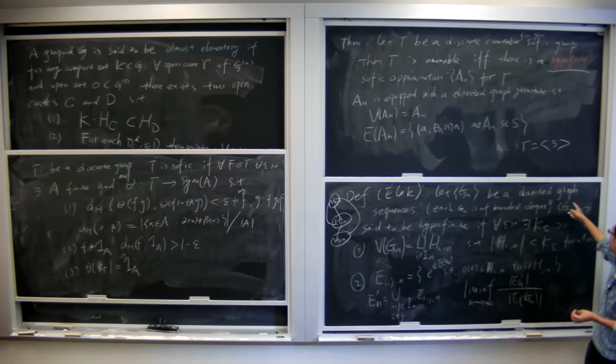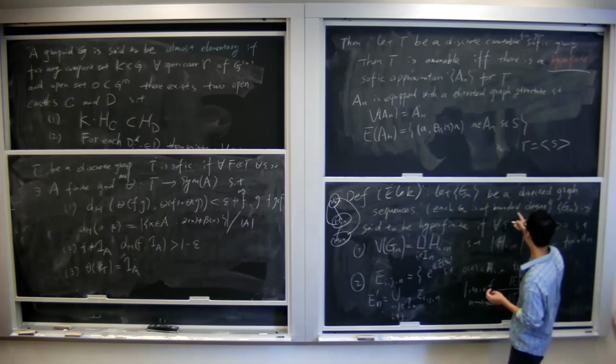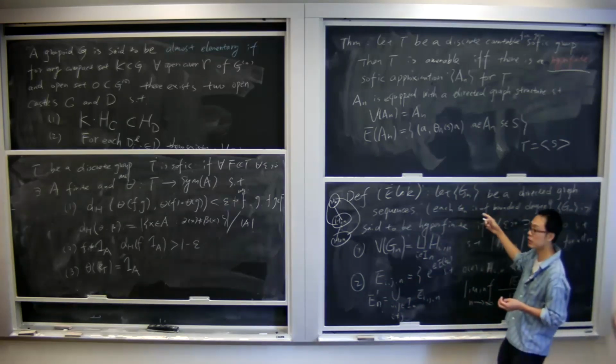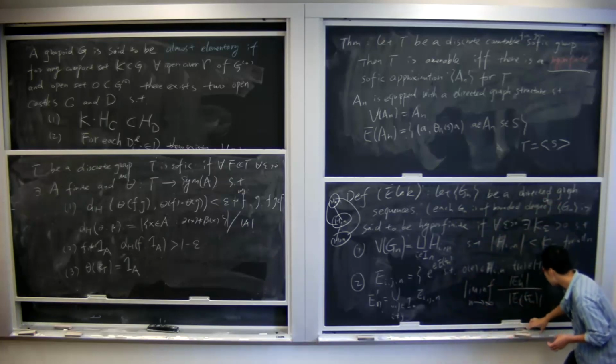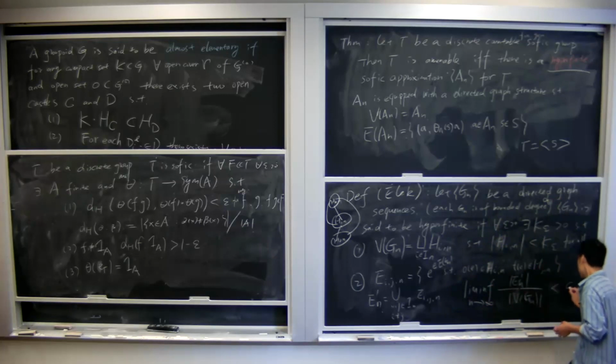Because our graphs are of uniformly bounded degree D, you can replace this by the vertex set of G_n. So it is less than the epsilon that you want.